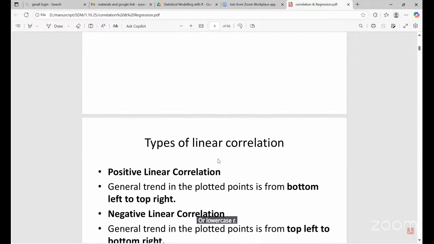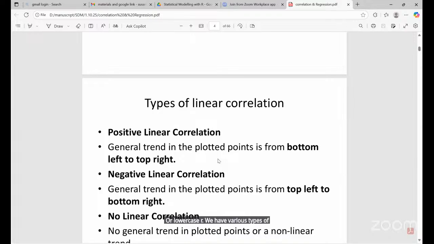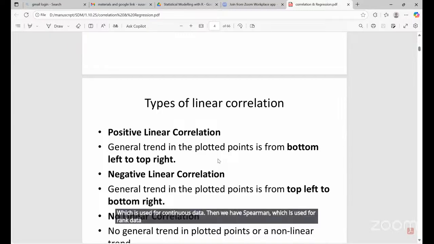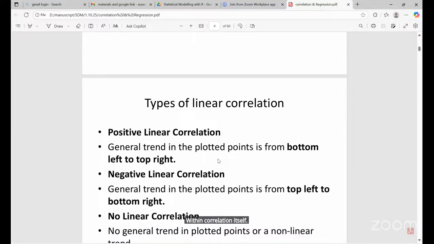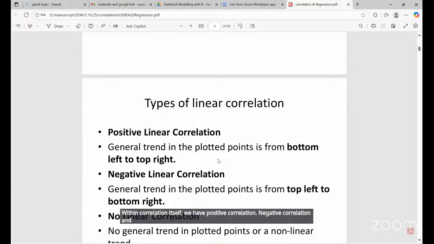We have various types of correlation. Apart from the methods themselves, we have Pearson correlation, which is used for continuous data. Then we have Spearman, which is used for rank data. Within correlation itself, we have positive correlation, negative correlation, and no correlation.